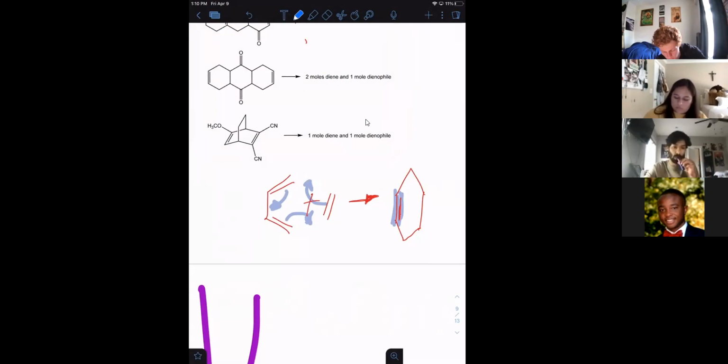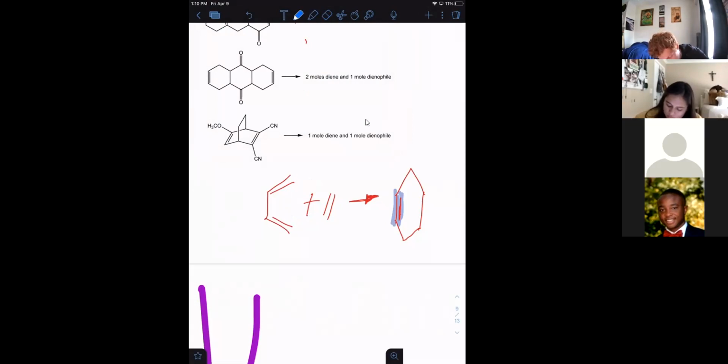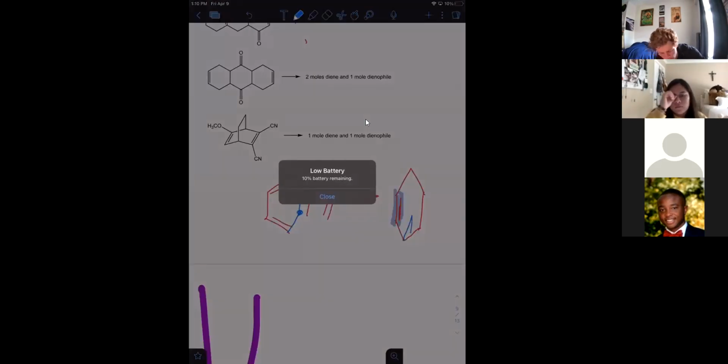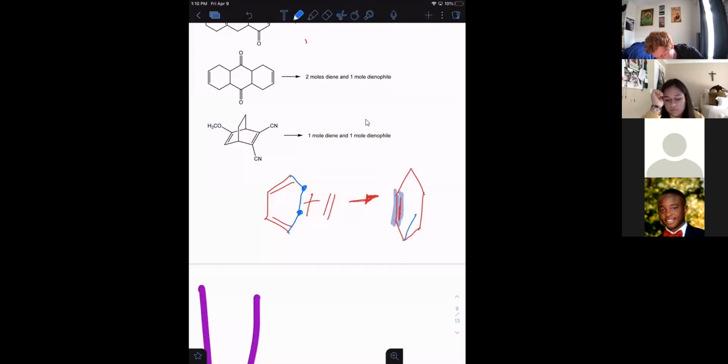So here, one second. Let's clean things up here. Like that, because these two carbons are going to be what would form the arch. Does that make sense? Yes.